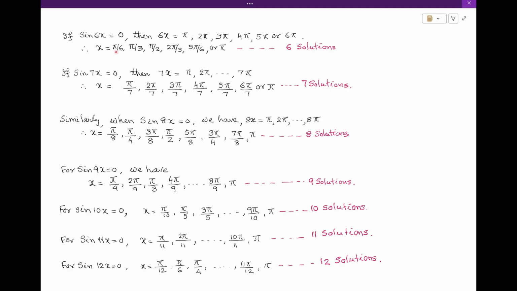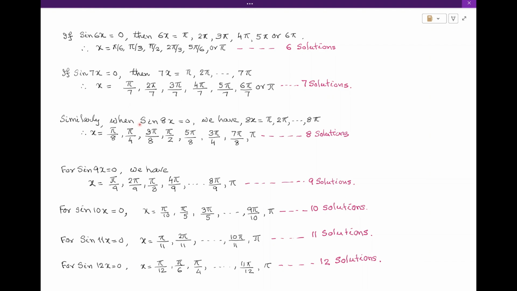In the case of sin 6x equal to 0, it could be pi by 6, pi by 3, pi by 2, 2 pi by 3, 5 pi by 6 or pi, giving 6 solutions. Similarly, when sin 7x is equal to 0, we get 7 solutions like pi by 7, 2 pi by 7, 3 pi by 7, 4 pi by 7, 5 pi by 7, 6 pi by 7 or pi.